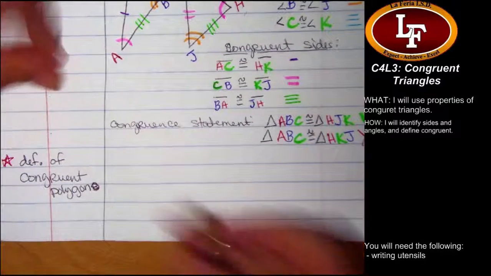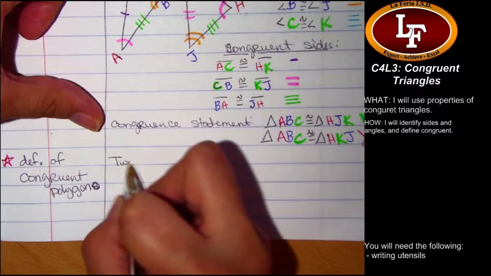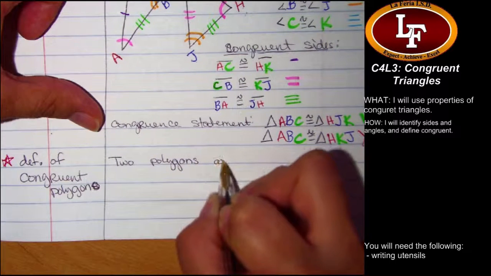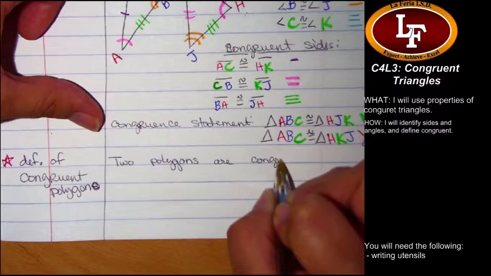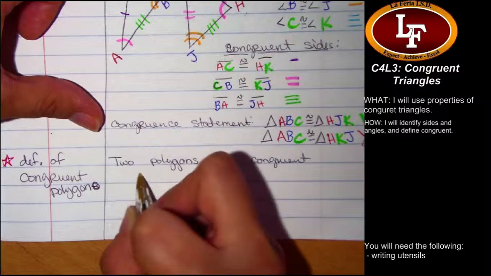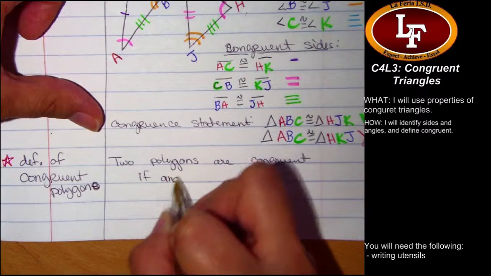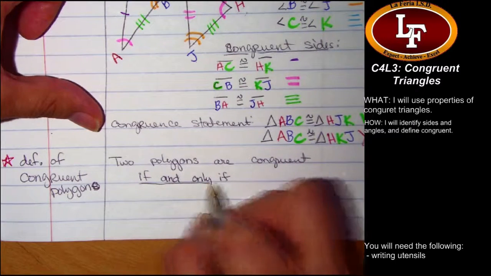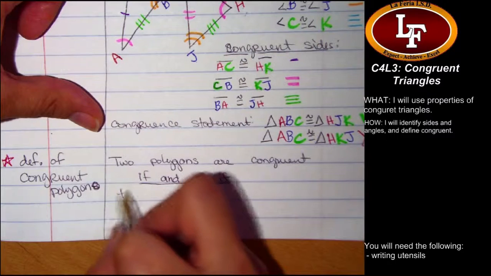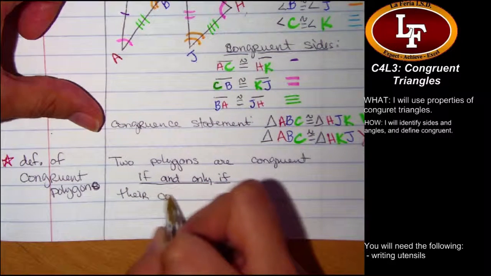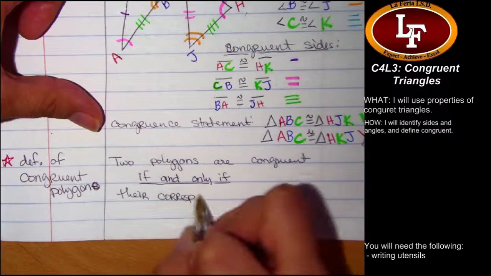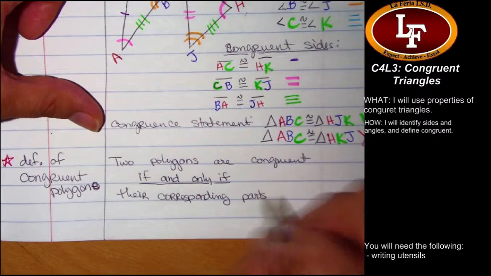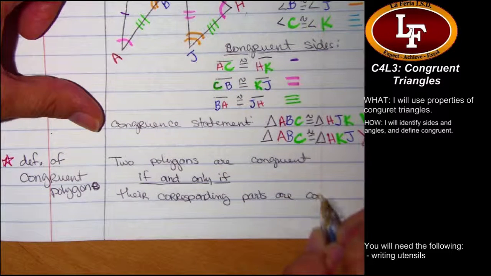It says this: two polygons are congruent if and only if, and I'm going to underline that phrase because it's important, their corresponding parts are congruent.